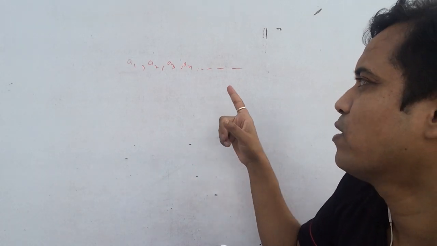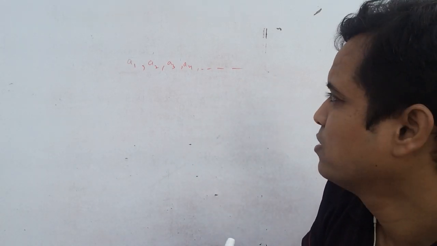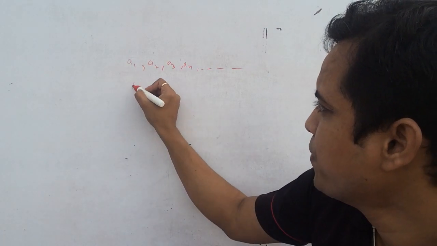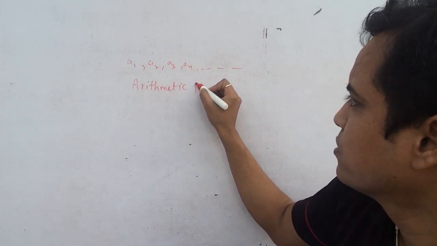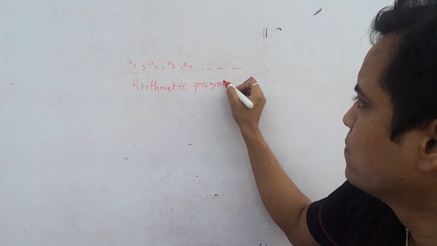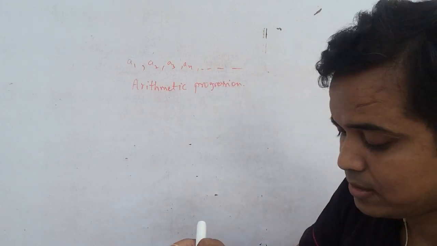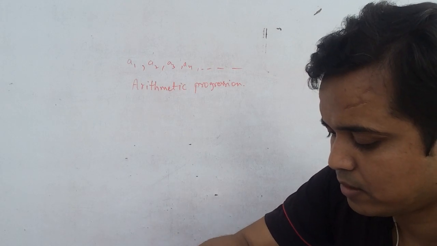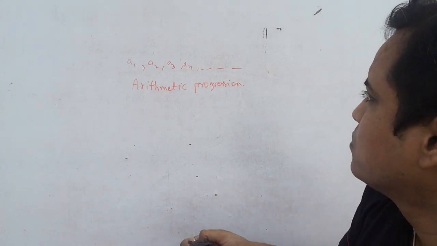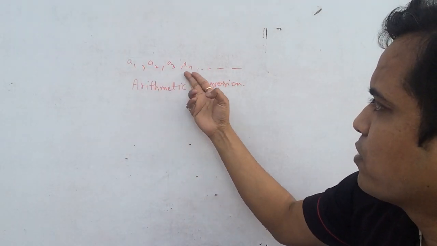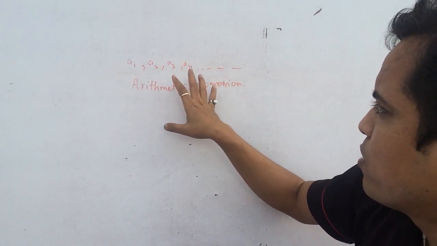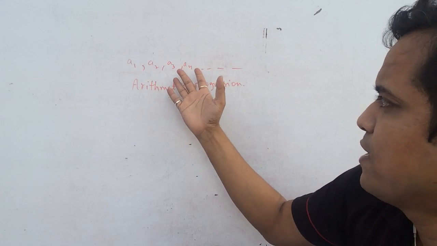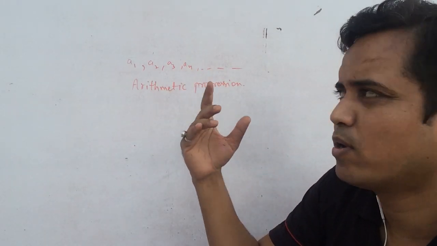If they are written in a specific condition, then we call it a progression. First we will talk about arithmetic progression. This is a sequence, and if it has some specific condition, then we call it a progression.